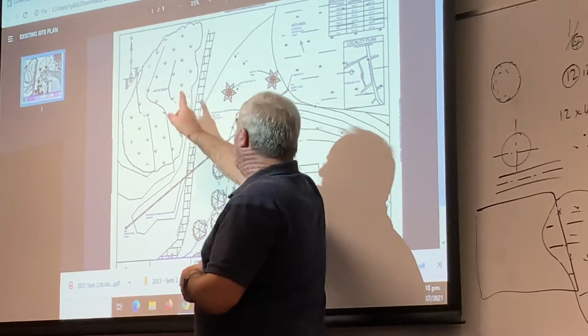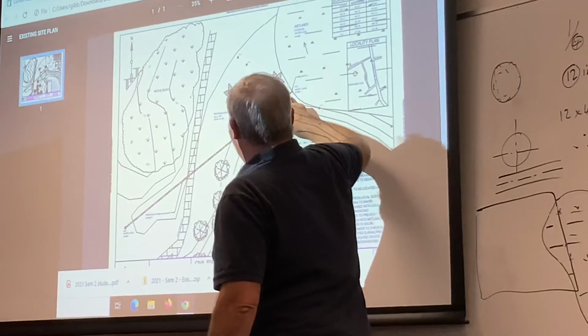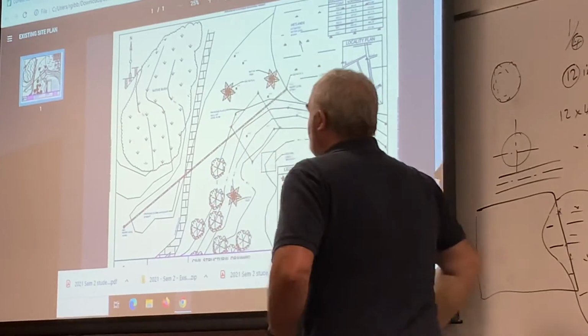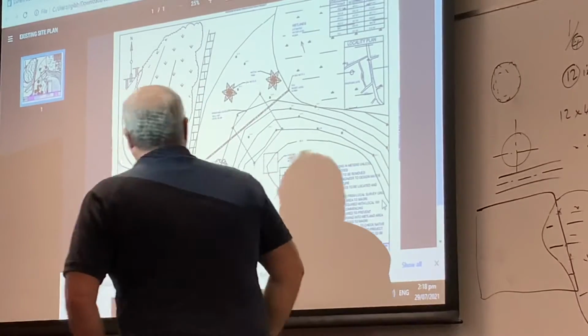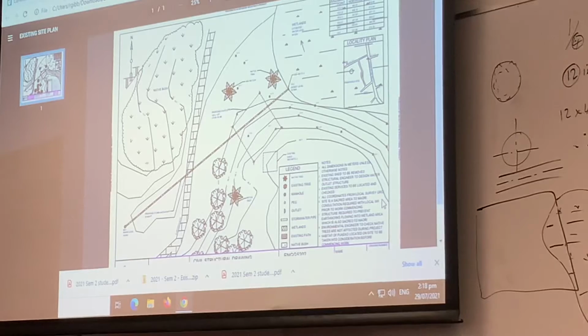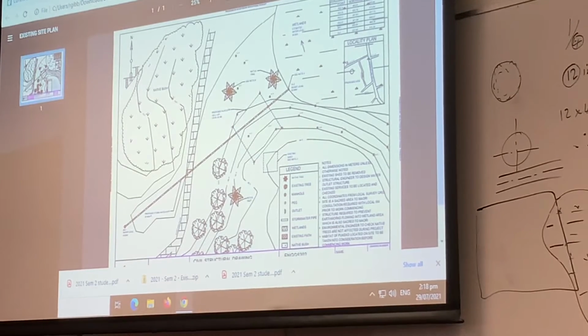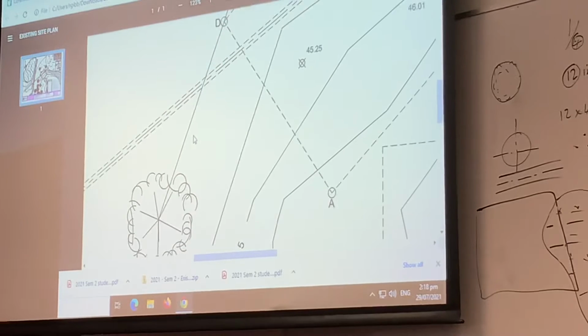That hatch was correct, but they've not played with their line type scale very well here. That did not come up as a very good line type scale. I'll just zoom in on that. That looks more like a survey PEC line type scale to me. It's not too bad, but it is just a little bit too small. That's more like a survey PEC line.